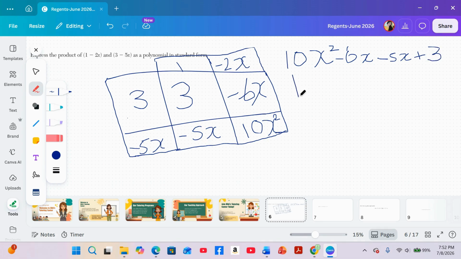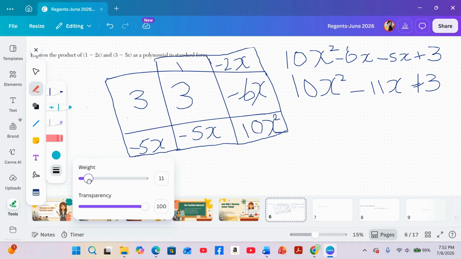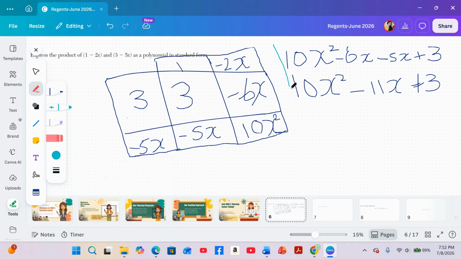We further simplify this, so we end up with 10x squared minus 6 and minus 5 is minus 11x plus 3. So this is your final answer here.